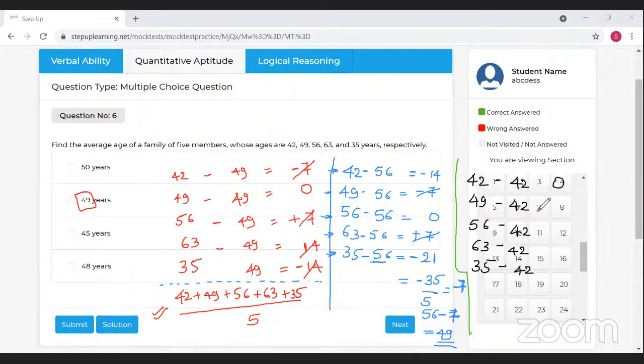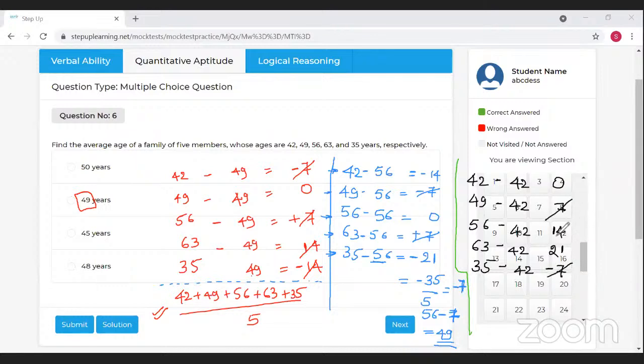So 42 minus 42 is 0, 49 minus 42 is plus 7, 56 minus 42 is 14, and 63 minus 42 is 21. All these are plus. 35 minus 42 is minus 7.